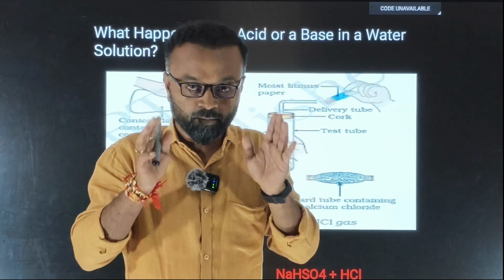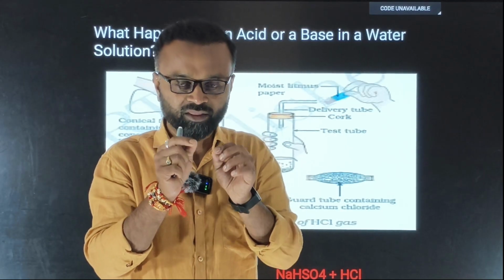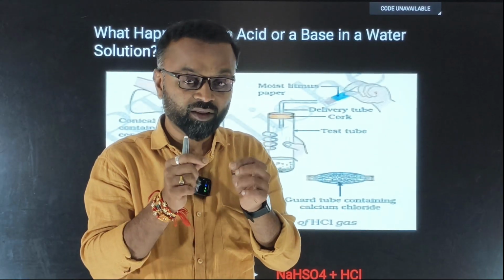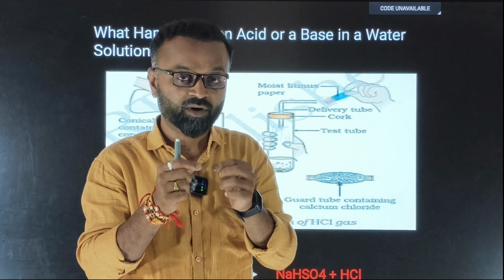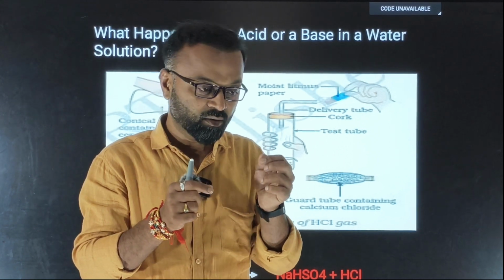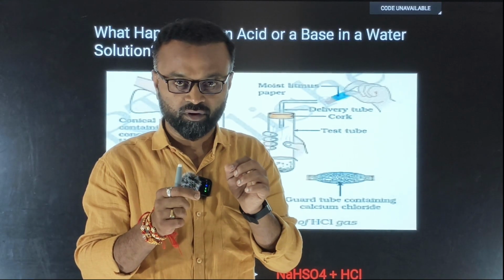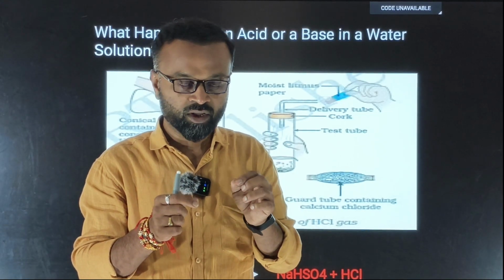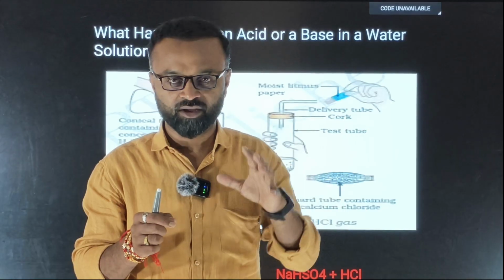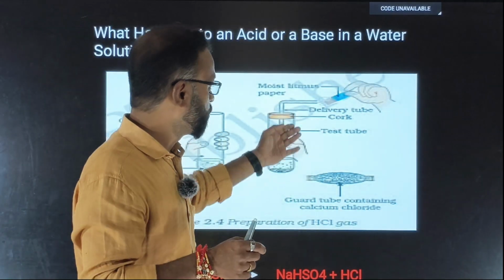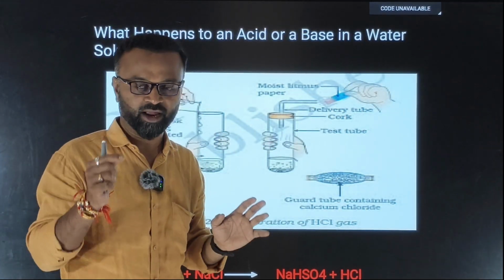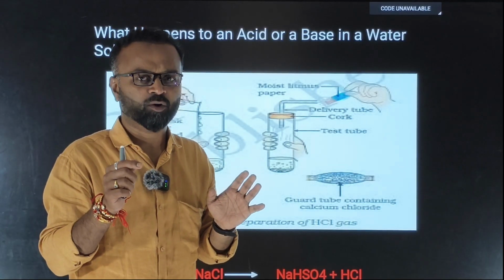But remember, for the litmus paper to actually change color, one of them should be in a liquid state. Now the dry HCl gas is coming, and when you hold the litmus paper near that, definitely the litmus paper color will not change.